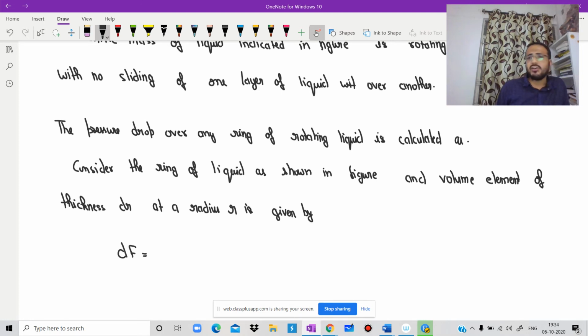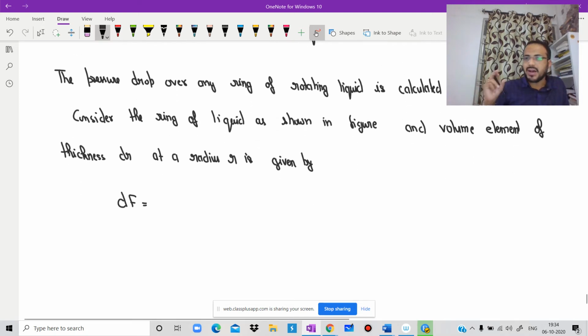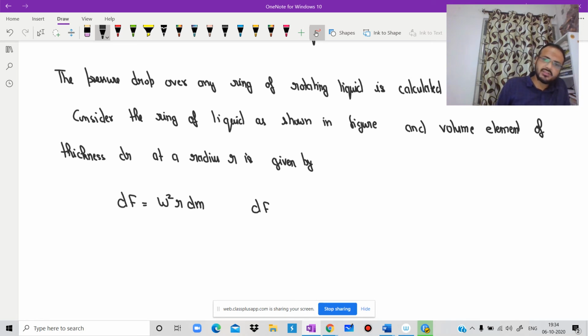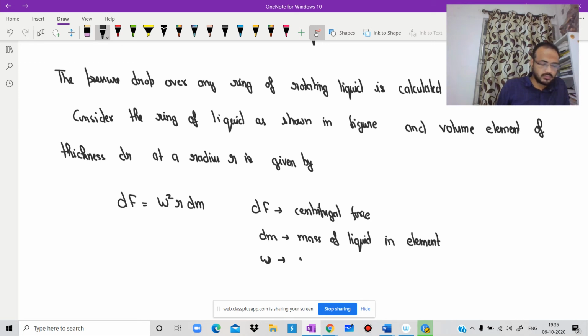First we will calculate the force. The centrifugal force is equal to m r omega square, but in that element the mass is dm, so we can write dF equals omega square r into dm, where dF is the centrifugal force, dm is the mass of liquid in the element, and omega is the angular velocity, that is radian per second.